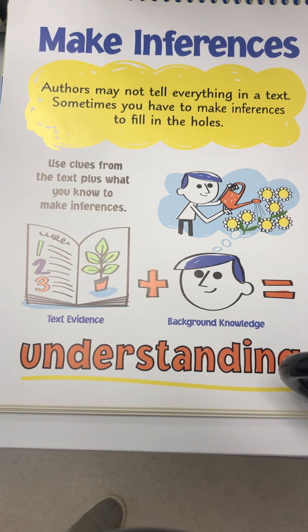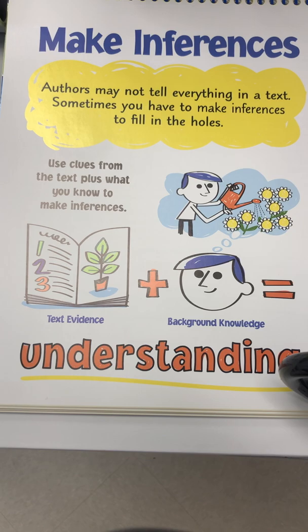So, making inferences means authors may not tell everything in a text. Sometimes you have to make an inference to fill in the hole. So if an author is talking about the story being in the desert, what kind of inference can you make about the desert? What's it going to make you think of?